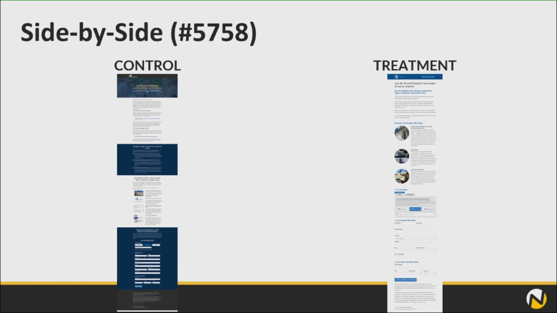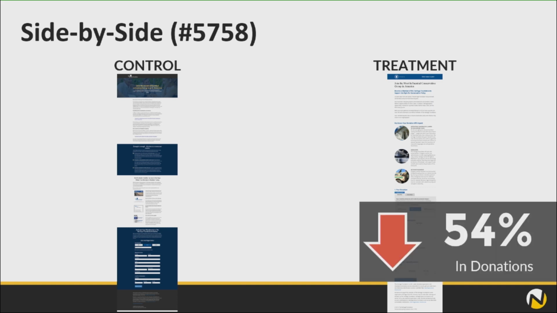Here's what I mean. You don't have to zoom in on this experiment to get this point, okay? Can you just, without even zooming in, can you see that there's a really big difference between these two? So what happens if the treatment loses, which it did? What happens?